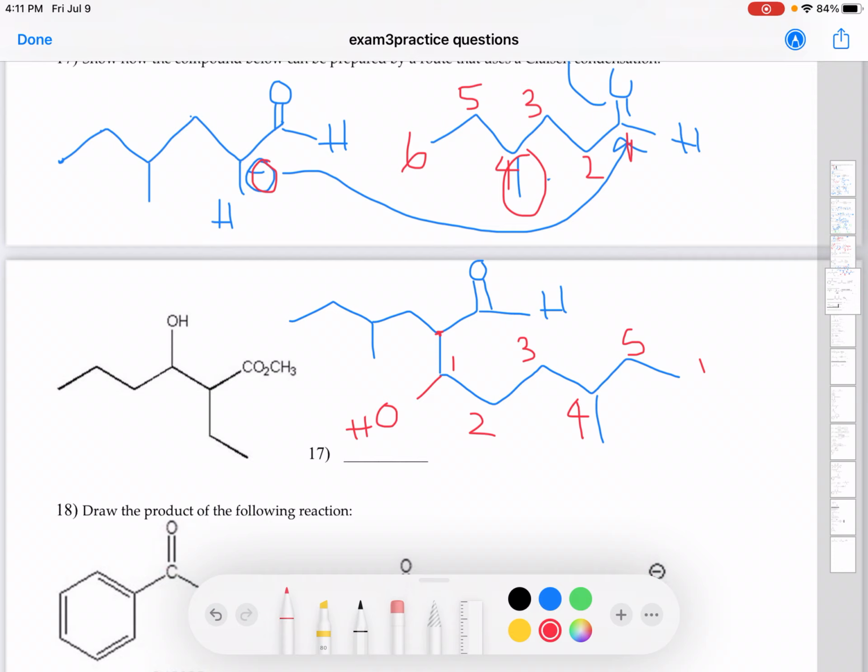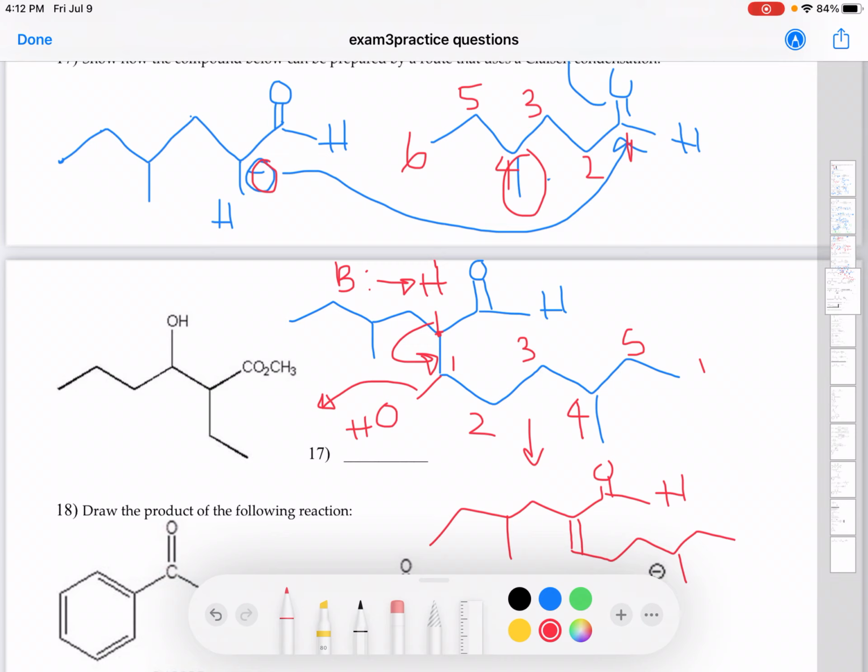To remove the water molecule, you have a hydrogen here. If it is happening in basic medium, the base can come, grab this hydrogen, give its electrons to form a bond and lose hydroxide, meaning a water molecule. So your final product would be like this.